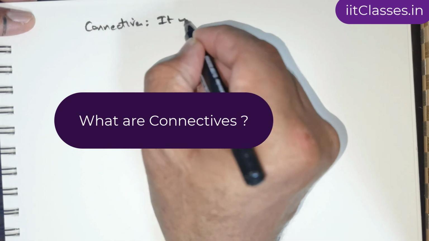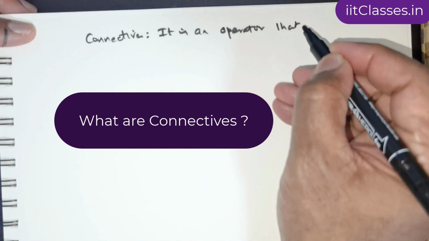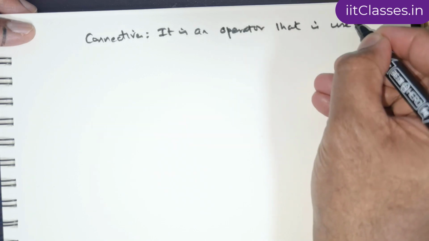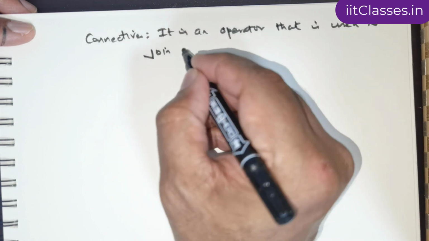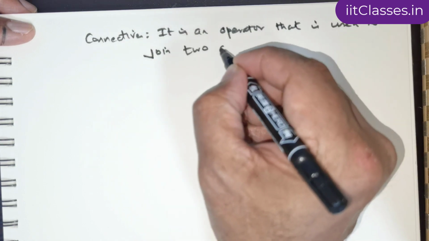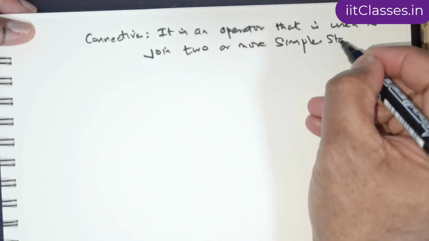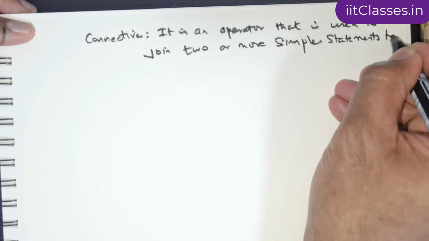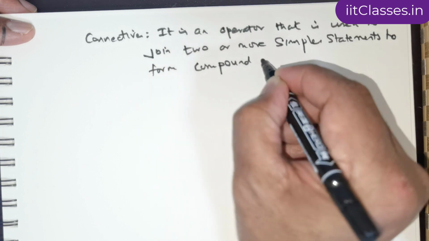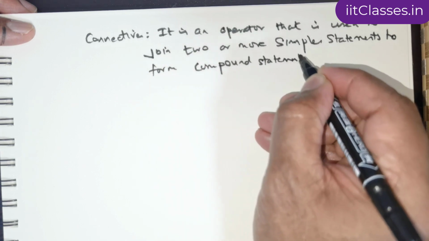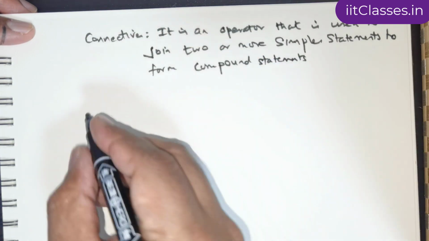It is an operator that is used to join two or more simple statements to form compound statements. I gave you an illustration a little bit earlier. We will look into more illustrations.